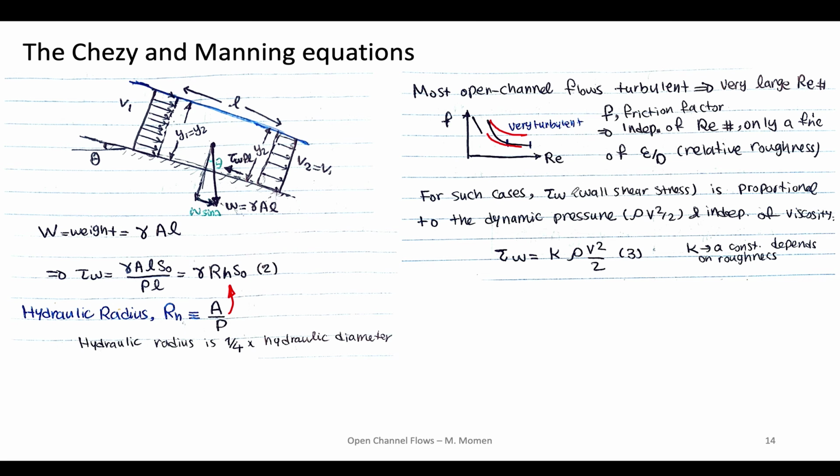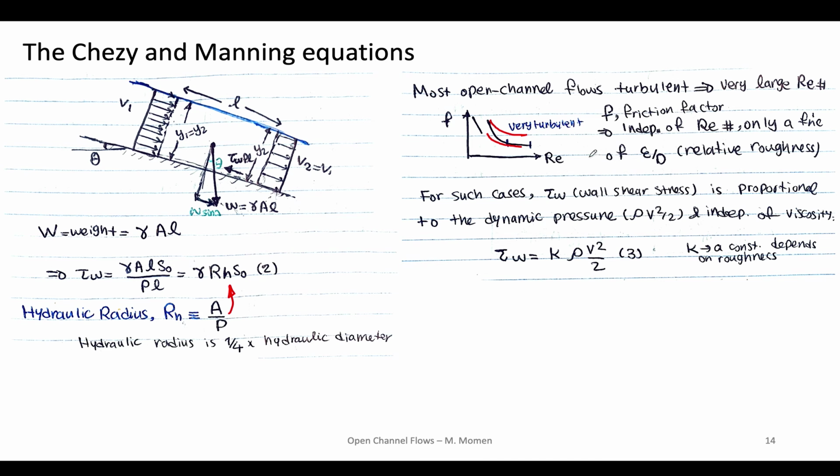So for such cases, we can say that tau W, or wall shear stress, is going to be proportional to the dynamic pressure, which is rho v square over 2, and is independent of viscosity, independent of Reynolds number and viscosity, okay? Similarly we can say this for open channel flows, for this type of cases, and they're going to be completely independent of the viscosity of the fluid, right? Because Reynolds number is the ratio between your inertial and viscous forces, right?